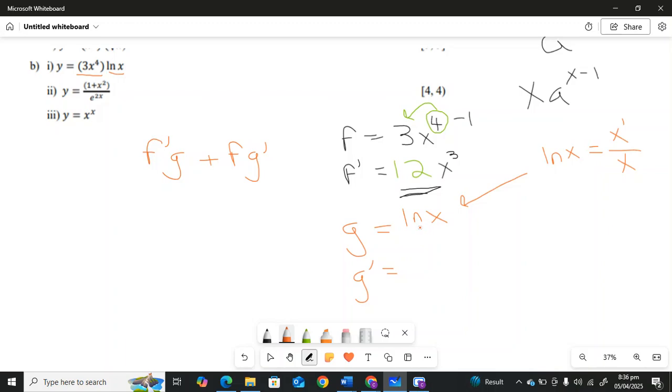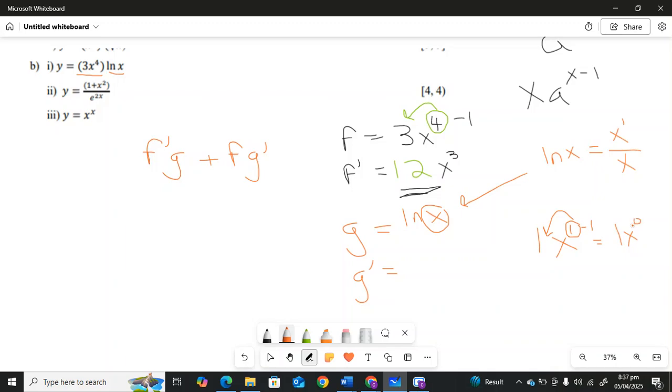The derivative of the natural log of x: in our numerator, we have to derive x. So x is the same as x to the power 1. When you're deriving, multiply the exponent with the coefficient, 1 times 1, that is 1. Then you subtract 1 from the exponent, 1 minus 1, that is 0. So you have 1 x to the power 0.